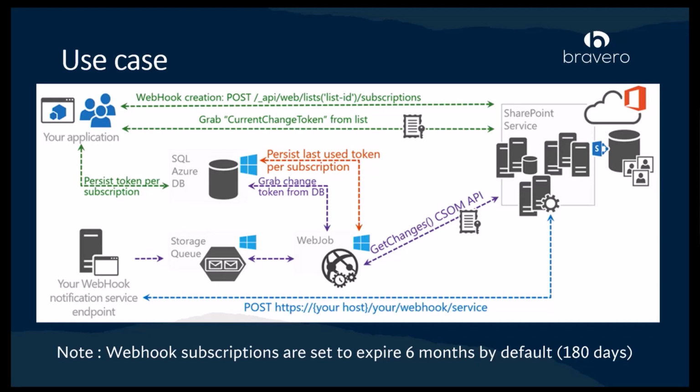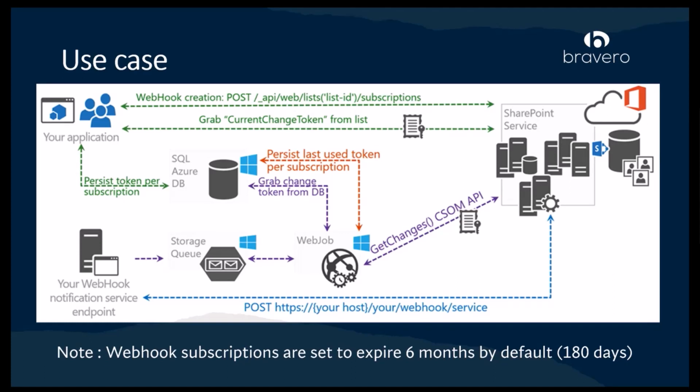This notification is then added to a storage queue for further processing using a queue trigger function. You may either add this notification to queues or directly process this notification in the same function itself, but it is recommended to add it to the queue so you maintain the records of the notification itself.